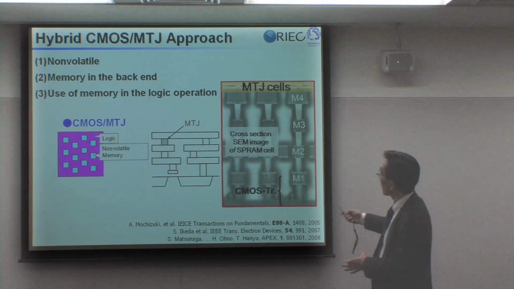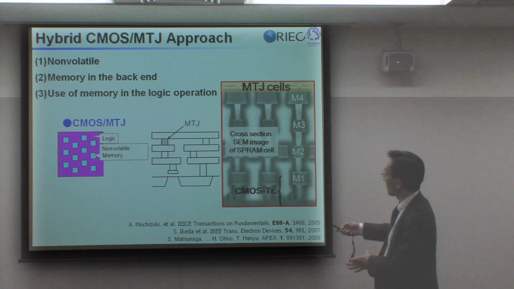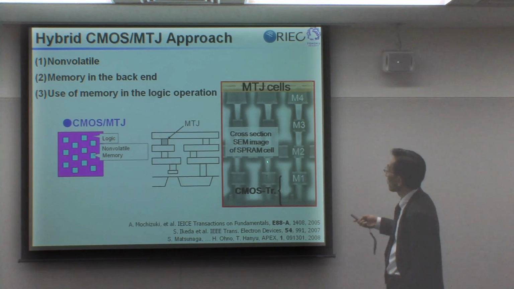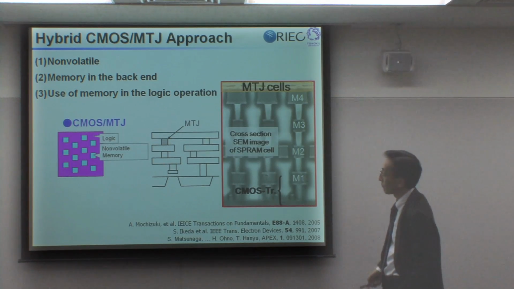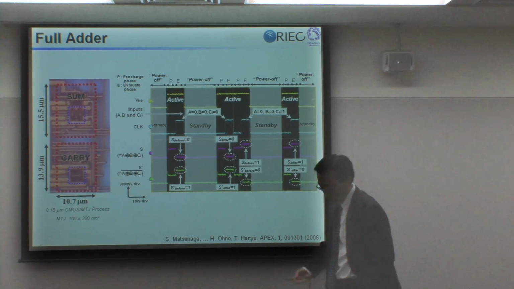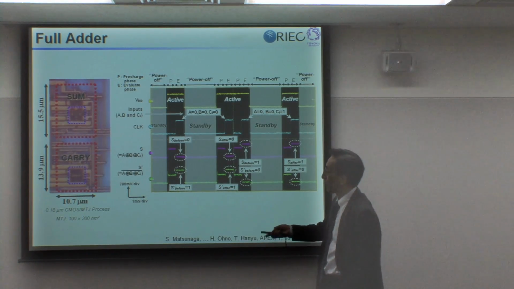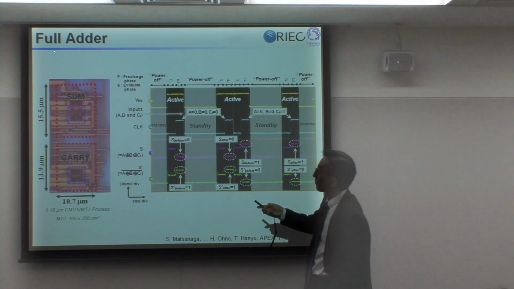And this is just a cross-section of our old CMOS transistors with interconnection, and our magnetic tunnel junctions are sitting here. So we have implemented this idea and built a full adder.